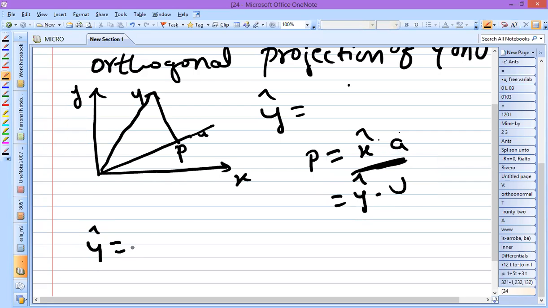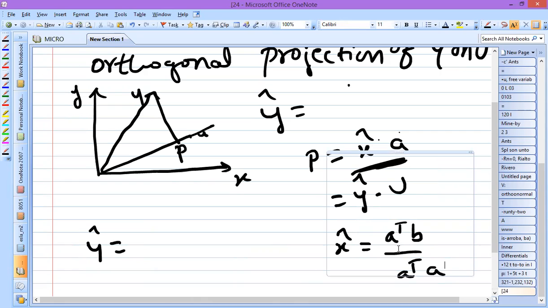y cap is obtained as, here y is a projection, right? So what was the equation for the projection? x cap, what was the equation? A transpose b by A transpose A, right? In that case b was a projection, but here y is a projection.